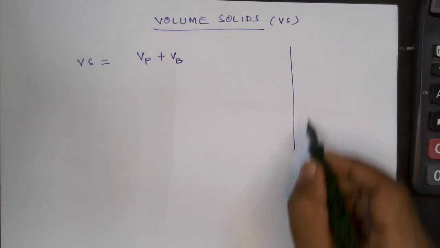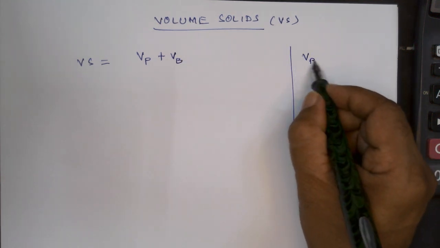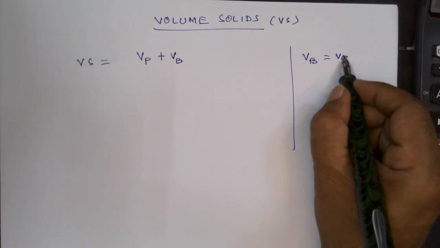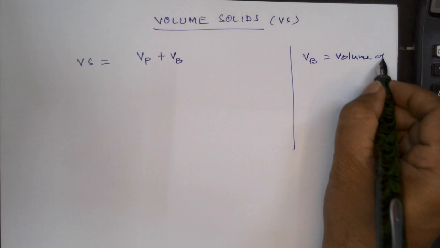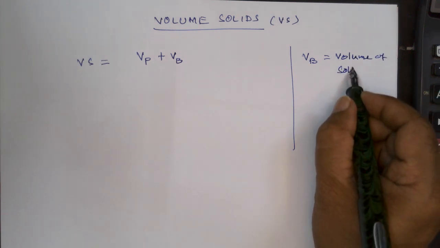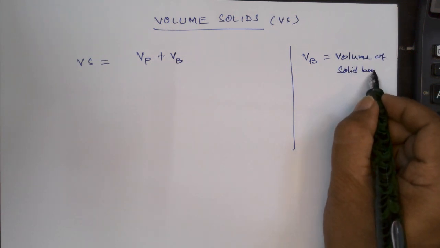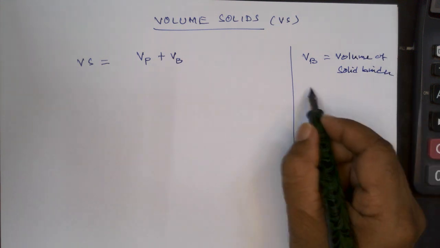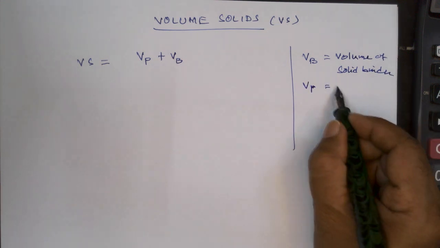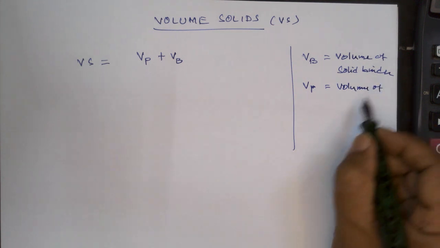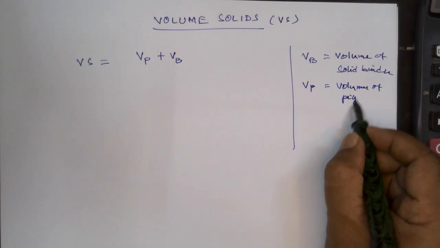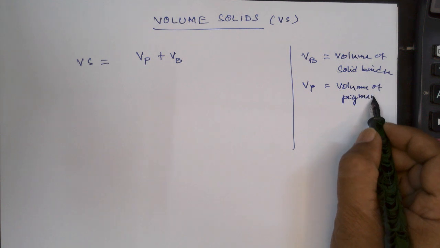So let me call it VB, the volume of solid binder. Similarly, VP is equal to the volume of pigment. You need not say solid pigment because it is already solid.